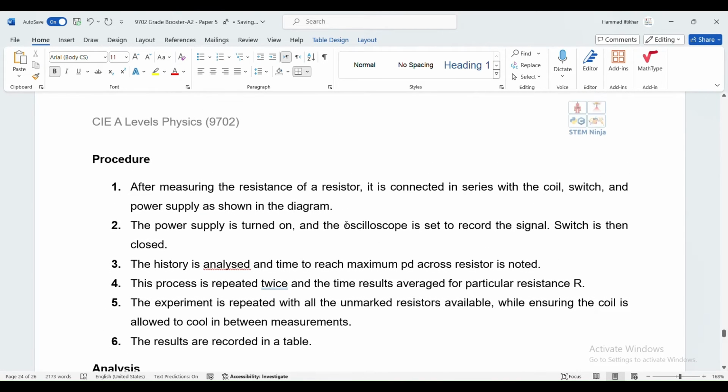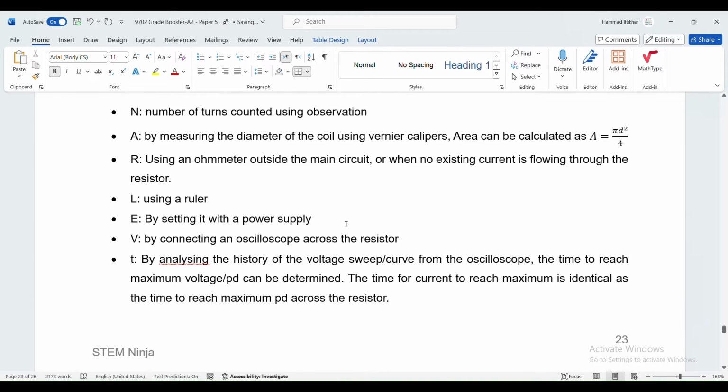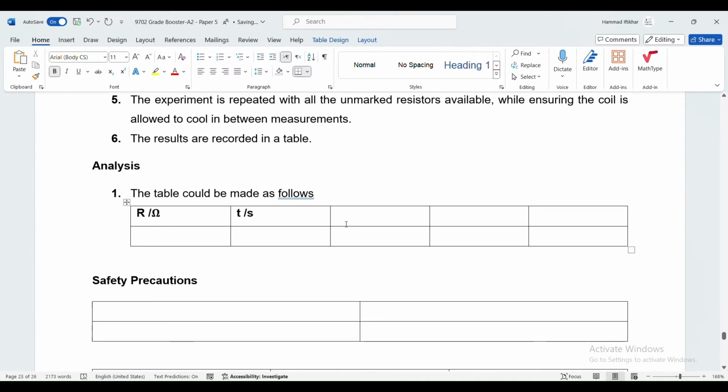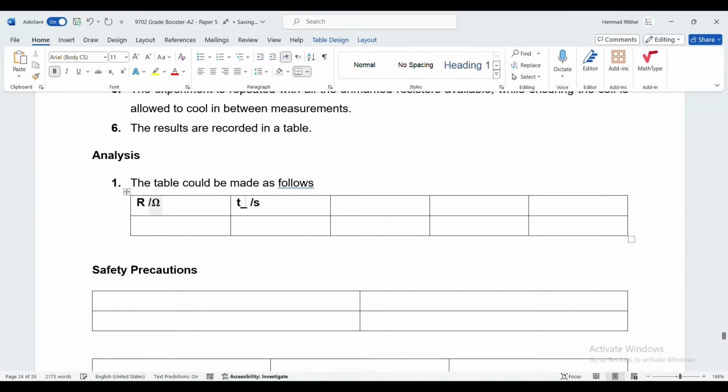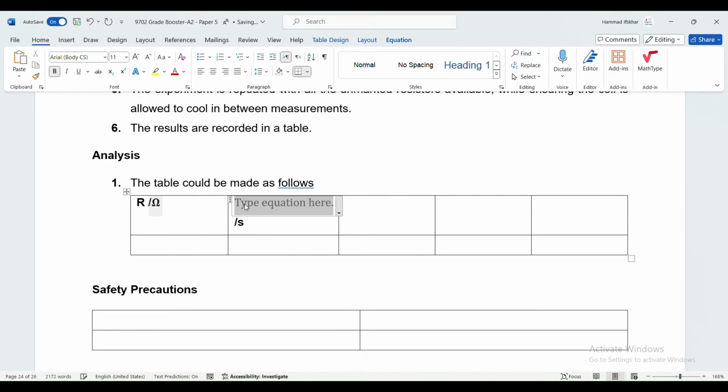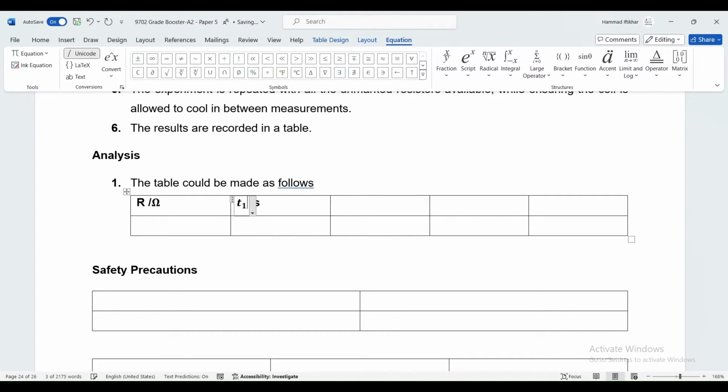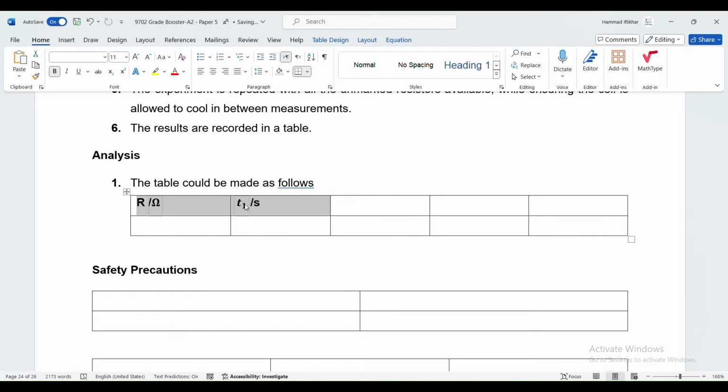But still, let's check what we can include. Actually, yes, we can. What we can do is include the readings before we average them. So copy, copy, copy.